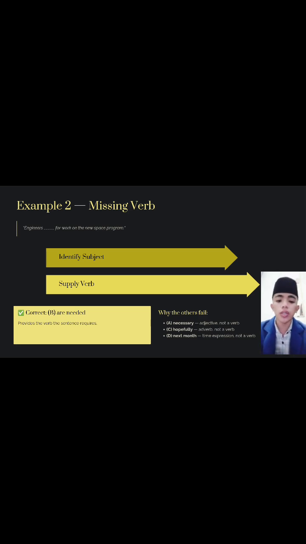A, necessary, is an adjective, not a verb. C, happily, is an adverb, not a verb. D, next month, is a time expression, not a verb. If a verb is missing, it is wrong. So the correct answer is B, are needed.